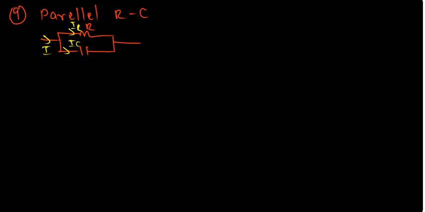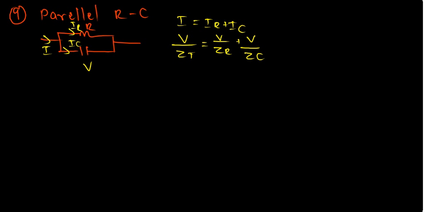So I is equal to IR plus IC. So the total voltage drop over Z total impedance is the voltage over ZR plus the voltage over ZC. So 1 over Z total is equal to 1 over ZR plus 1 over ZC.